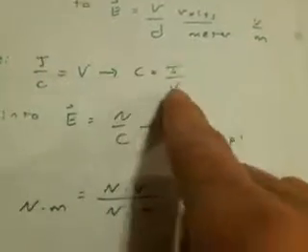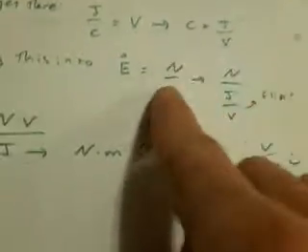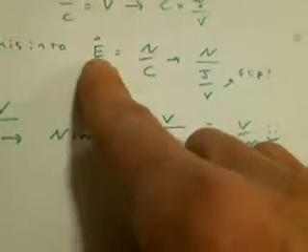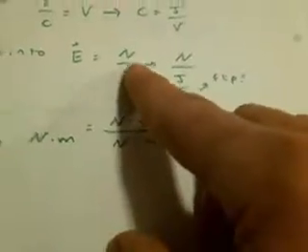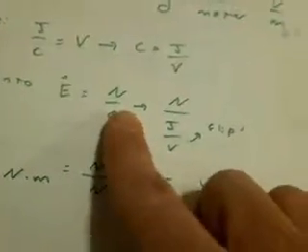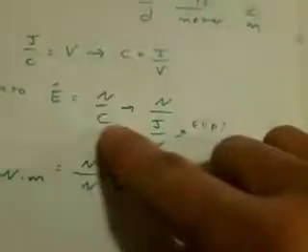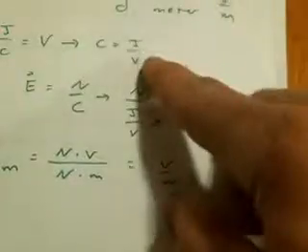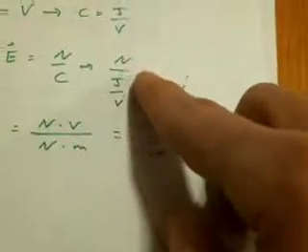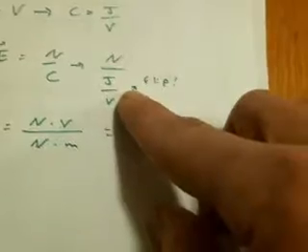Now what I'm going to do is take that version of this formula, plug it into my electric field strength as a newton per coulomb. And now you can see a swap of the C, where this C is the same as that C. So where that C is, I'm going to replace it with a joule per volt. So it becomes a newton per joule per volt.